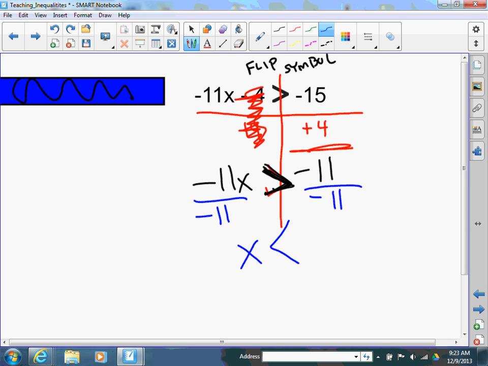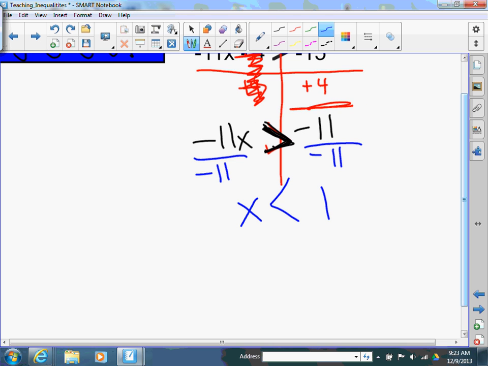And we get x is less than, what's negative 11 divided by negative 11? 1. All numbers less than, where's our equal to at? There's no mustache. It's just all numbers that are less than.